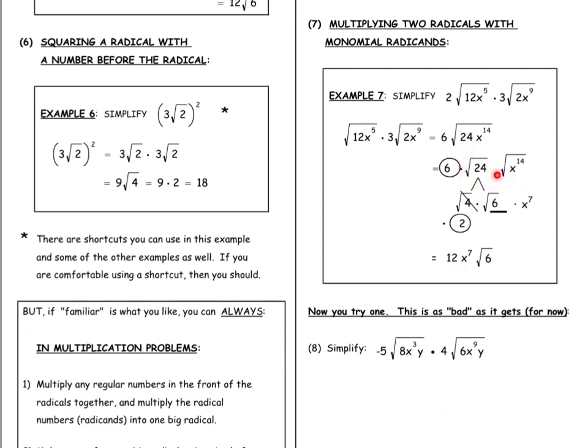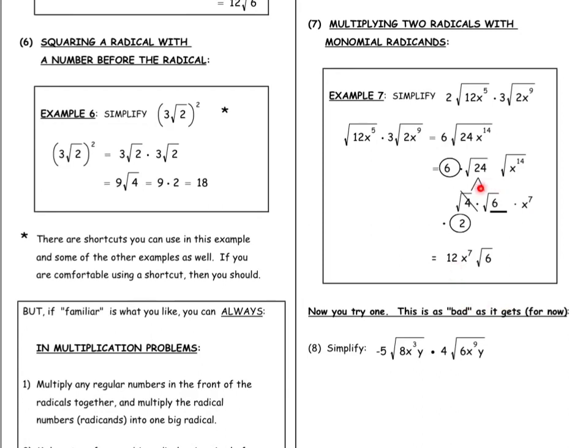I split the 24 the same way I always do into rad 4, rad 6, the 6 that's in front of here, and the 2 that's over here, make the 12. The x 14, because 2 is the index, the number of the radical, 14 divided by 2 is 7, and that moved to the front because it's whole, so to speak.